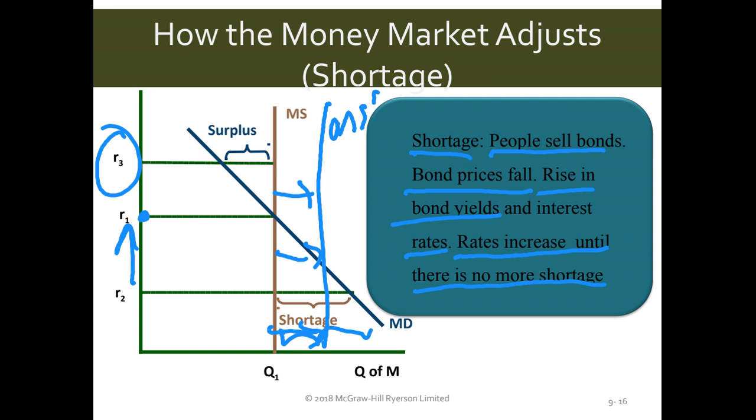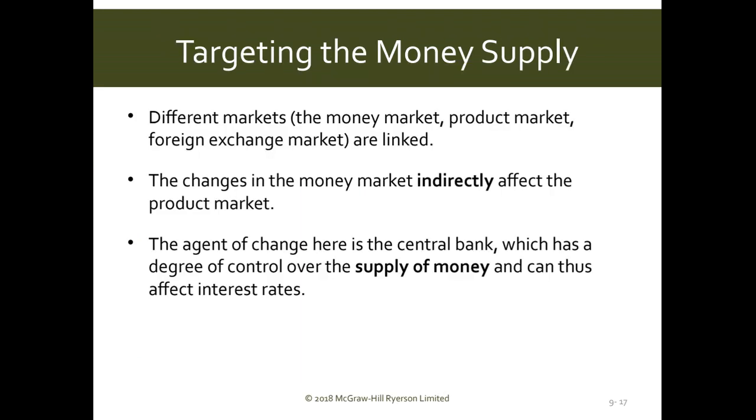So let's go first to targeting the money supply. So I told you that different markets, such as money market, which we just discussed, product market, and foreign exchange market, all these three markets are linked. The changes in the money market indirectly affect the product market, which we'll discuss in a moment.